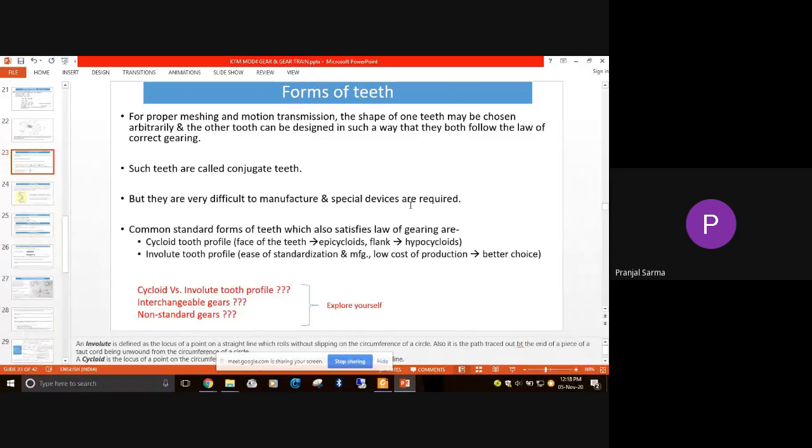So the drive has to be in proper mesh. In that case, the form of the teeth, that means the design or the look of the teeth, is important.